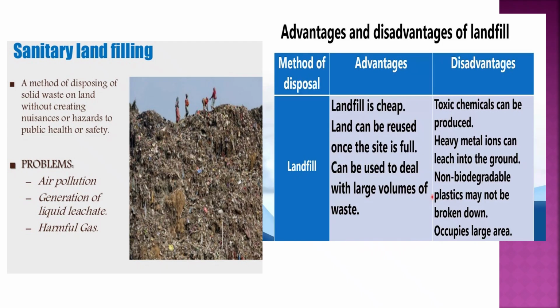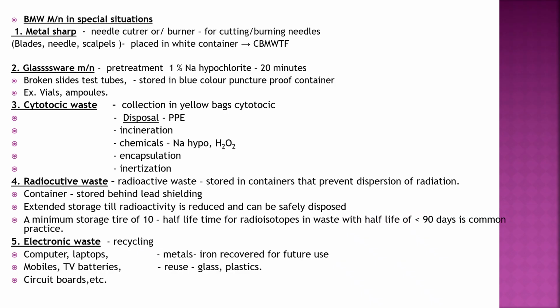Landfill is cheap, land can be reused once the site is full, and it can be used to deal with large volumes of waste. But the disadvantages: toxic chemicals can be produced, heavy metal ions can leak into the ground, non-biodegradable plastics may not be broken down, and it occupies a large area. So that is the disadvantage of landfill.